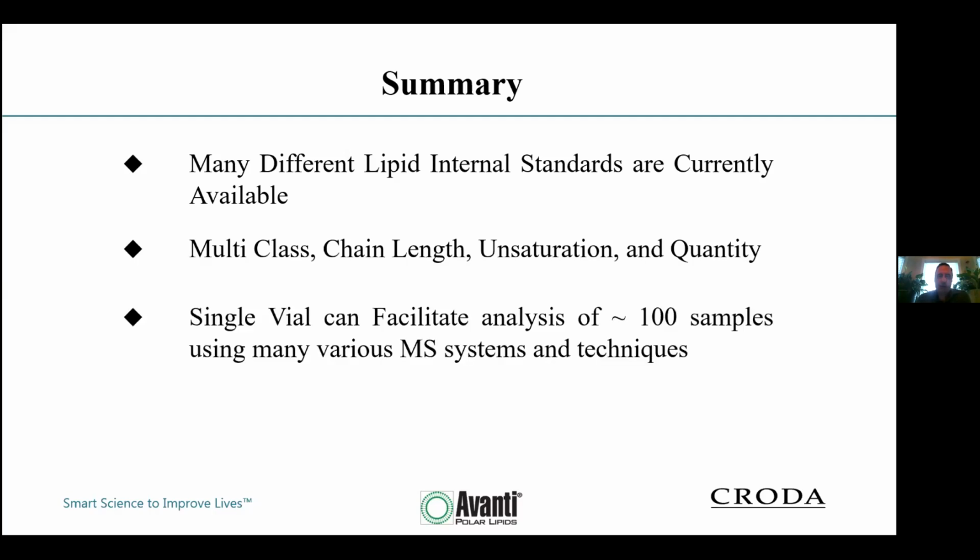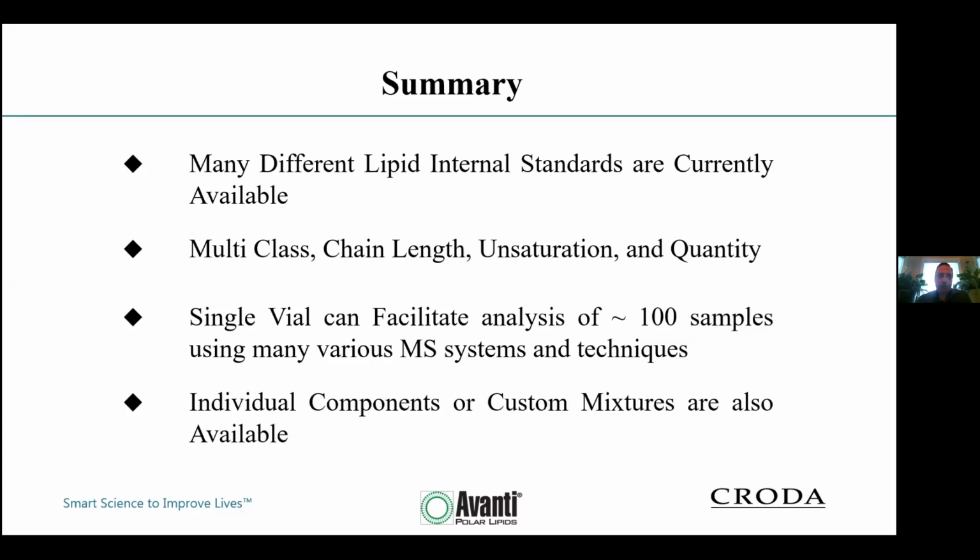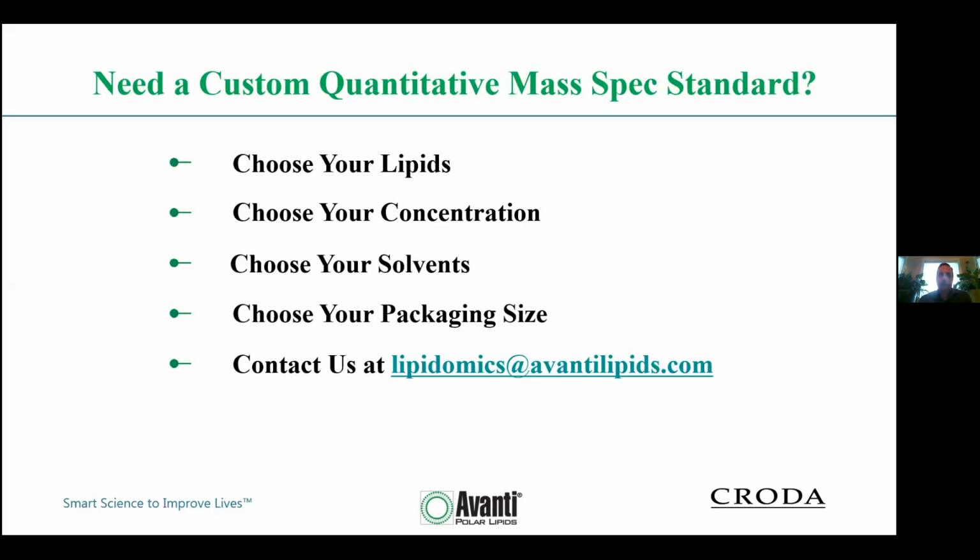We have single-use vials that can facilitate large numbers of samples using various types of mass spectrometry systems as well as techniques. We also provide individual components or custom mixtures should you need them, or should you have a unique biological system that you want to investigate. If you need a custom quantitative mass spec standard, just let us know.